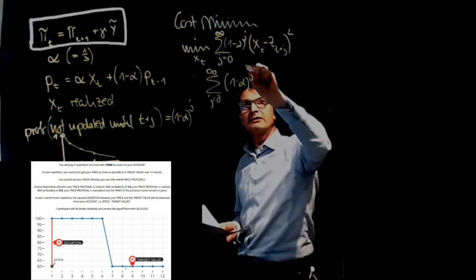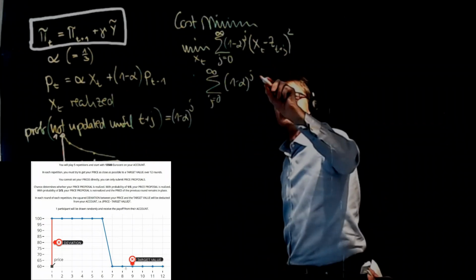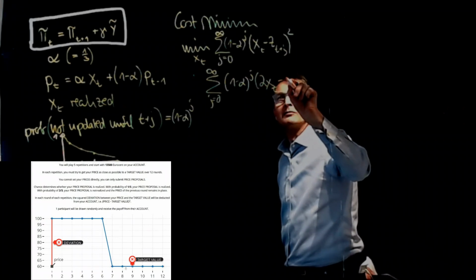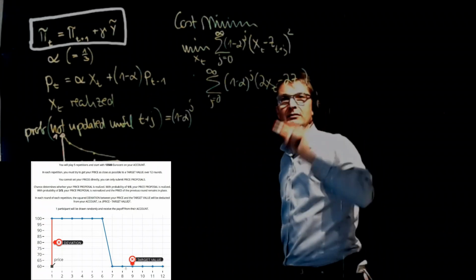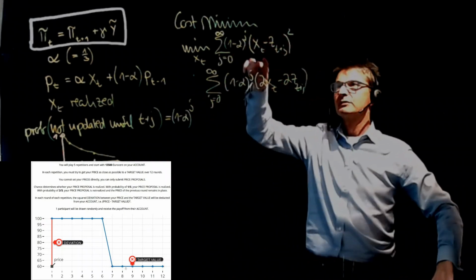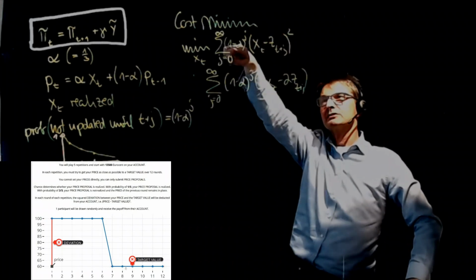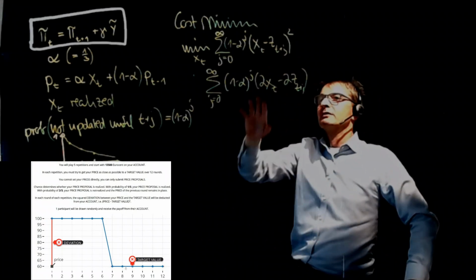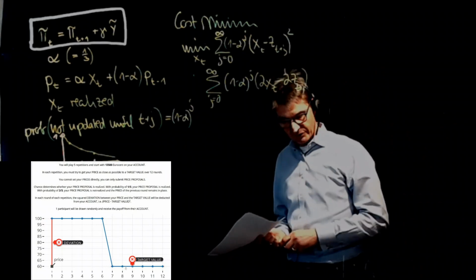And now we just take the interior derivative. The interior derivative of this is 2x_t minus 2z_{t+j}. I hope you can see this. We basically only bring the exponent in front and multiply, reduce the exponent by 1, and this is what we get. So this must be equal to 0.